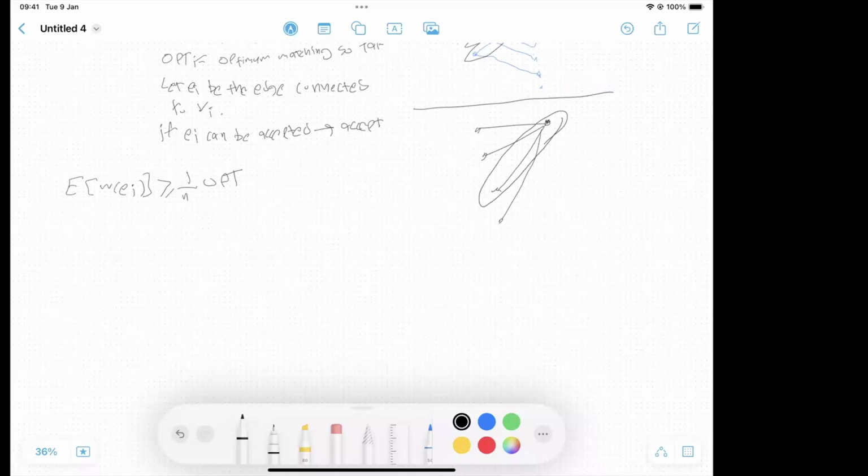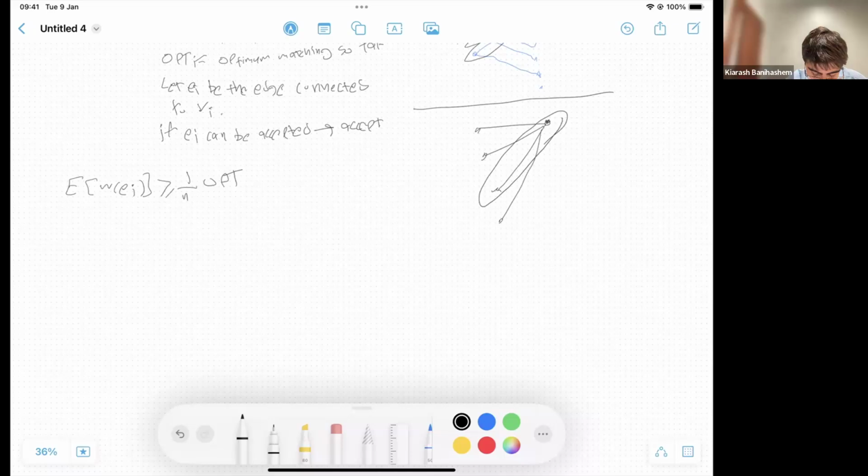So how do I say this? First I claim that the expectation of W of E_i is at least 1 over i times the expectation of opt of i. Intuitively, why is this? If you fix the first i vertices, I don't fix their order yet, I just fix their set.